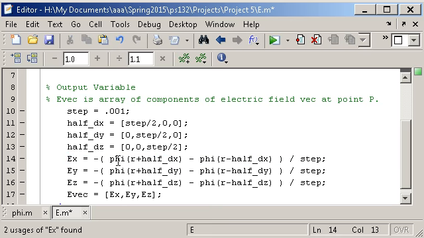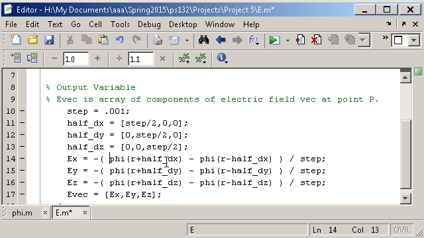They're using minus delta phi divided by delta x, and then you see, yeah. Here's the idea. When x changes by an amount step, how much does phi change?